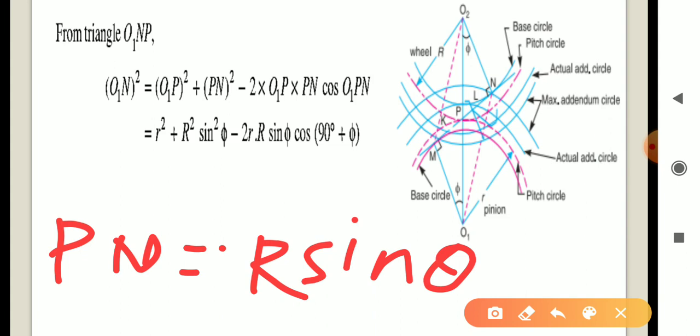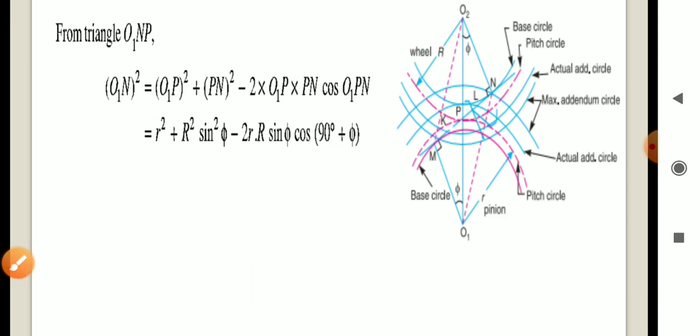So PN square is equal to capital R square into sine square of phi. Now minus 2 times O1P into PN into cos of O1PN. So 2 into O1P, that is small r, then PN is equal to capital R into sine phi, and cos of O1PN is cos of 90 plus phi.